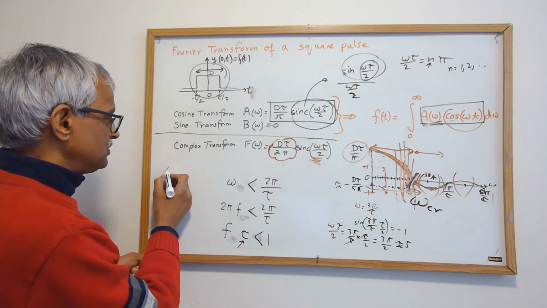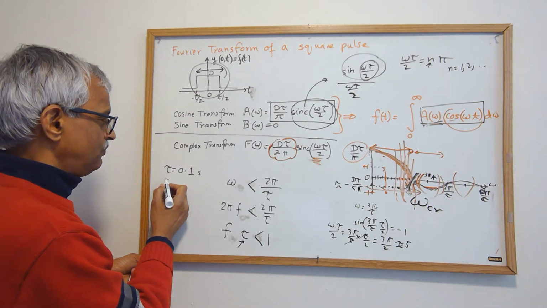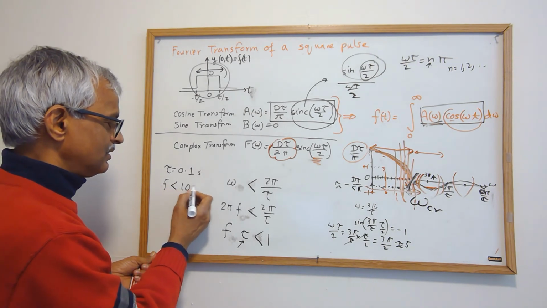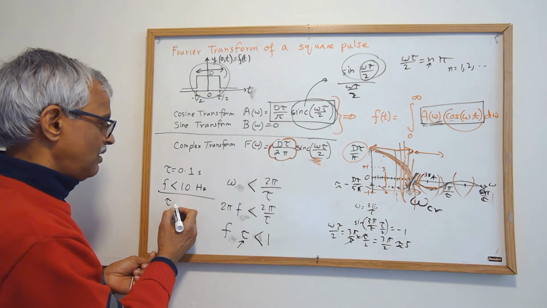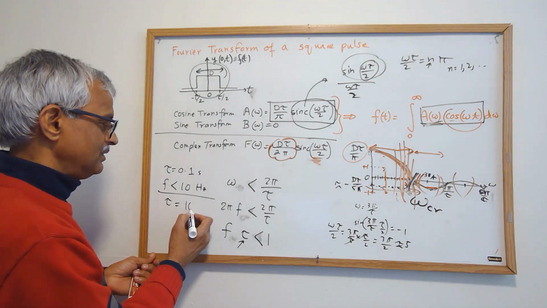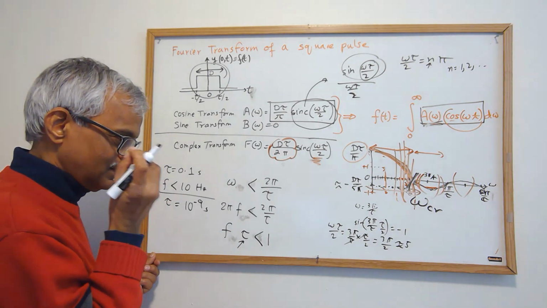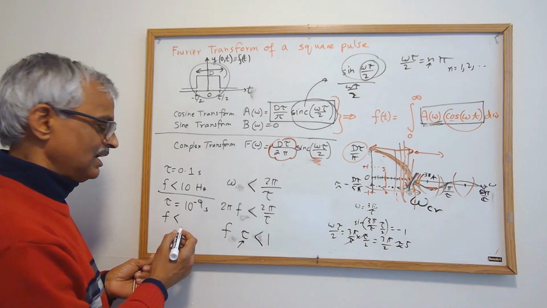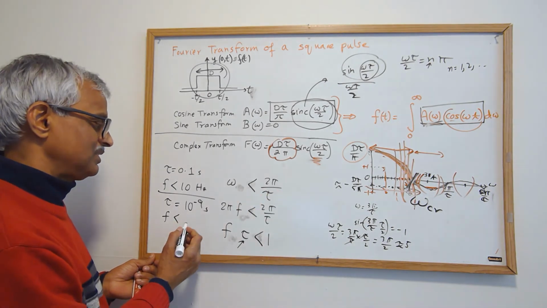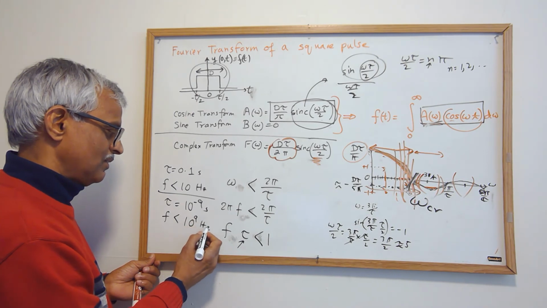If the pulse was on for, say, 0.1 second, the frequency of importance is like 10 hertz. If the pulse was on for 10 to the power minus 9 seconds, it's a very fast pulse, like a nanosecond, and the frequency can be up to 10 to the power 9 hertz.